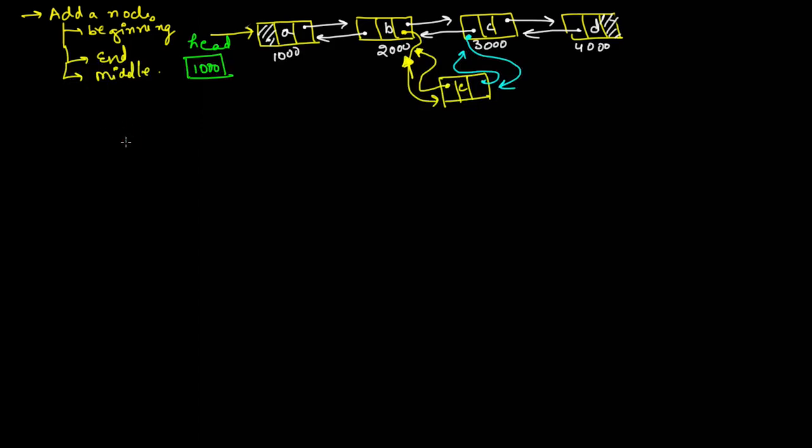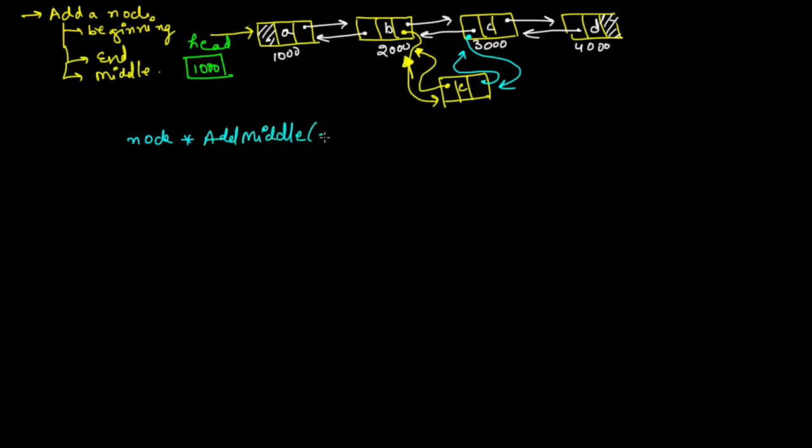The return type will be node star, because we are going to return the address of the beginning of the linked list. We have to write the function name actually, so it should be add middle.